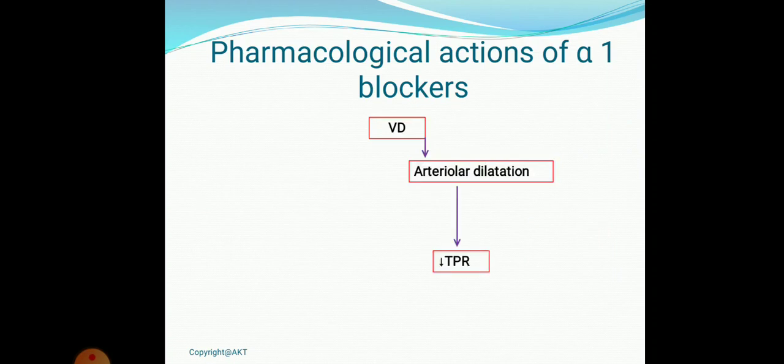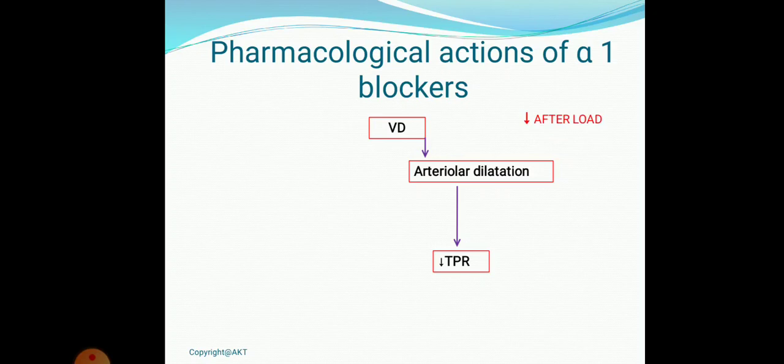Pharmacological actions of alpha 1 blockers. As already mentioned, the prominent location is the vascular smooth muscle. It produces vasodilatation. The vasodilatation will be prominent on arterioles, producing arteriolar dilatation, reducing the total peripheral resistance, and decreasing the afterload, that is the pressure the heart must overcome to pump the blood into the aorta.